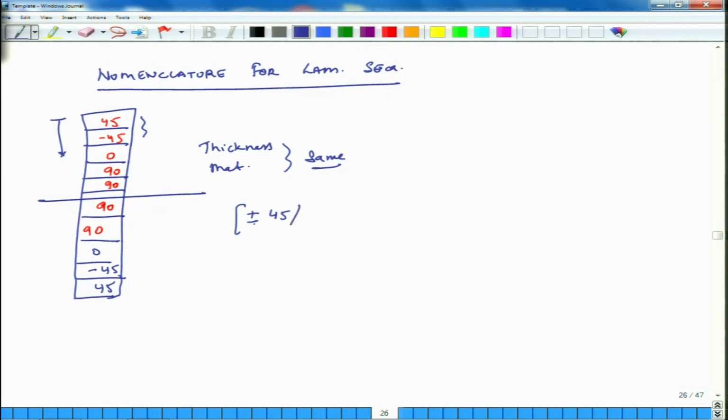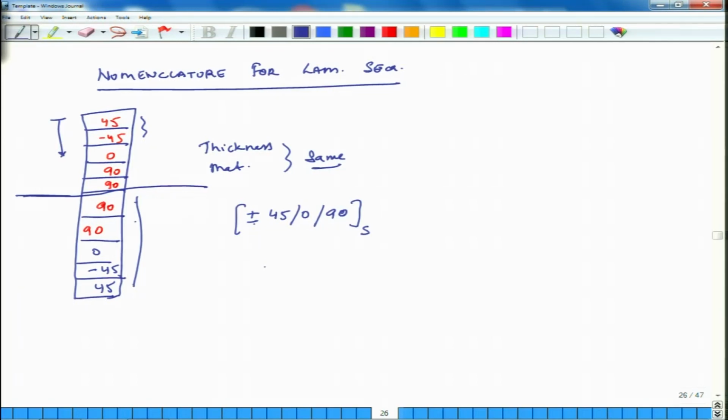Then there is a 0-degree layer, so I separate it by a slash, and then there are 4 90-degree layers, but this is the mid plane, and the mid plane is passing through this. So, I write 90, and then all other layers are just mirrored because this is the plane of symmetry. So, I just say symmetric.